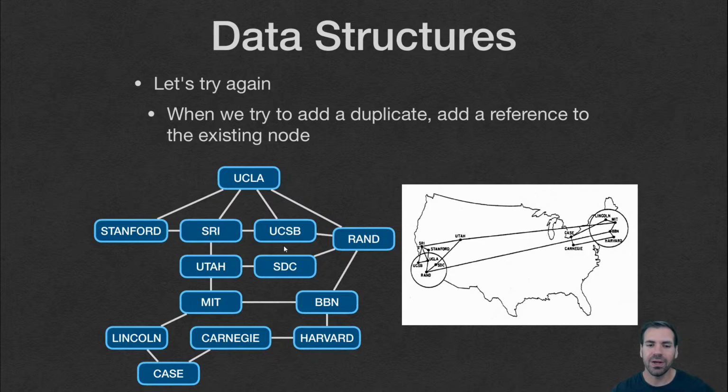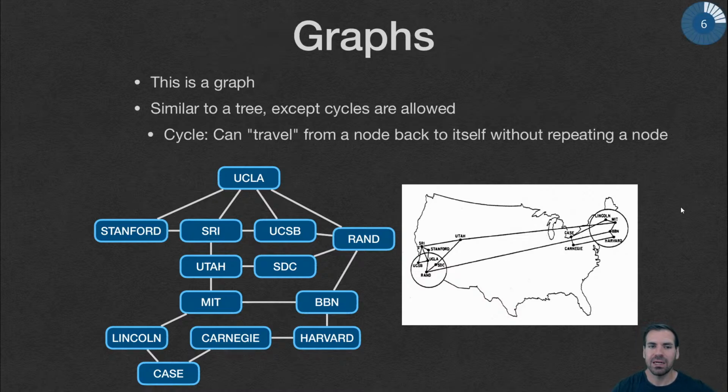So now every node has child nodes that it refers to, but we're not going infinite on the number of nodes because we're reusing the existing nodes and storing references to them. And now we have a different problem. So this is our graph. This is how we're going to represent our graphs.